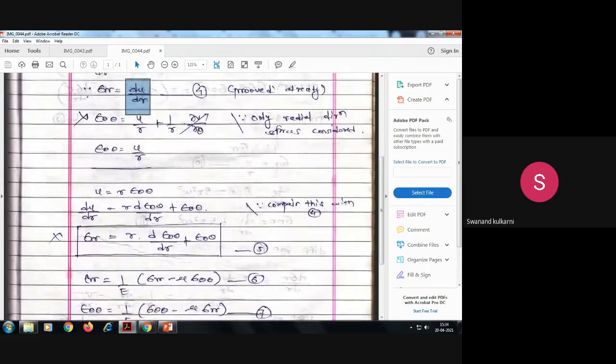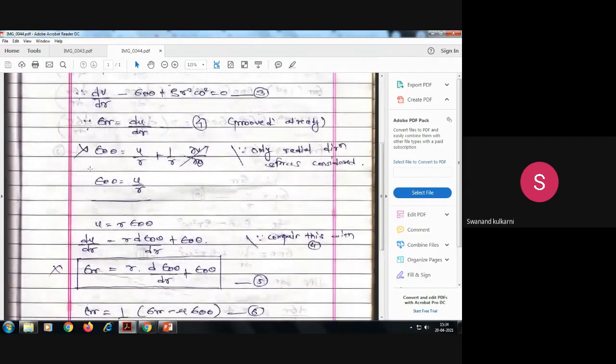Similarly, for epsilon theta theta, that is the strain in the angular direction, it is u upon r plus 1 upon r dou v by dou theta. Is it okay? Already we know how these strains are expressed. In the case of epsilon xx, it is dou u by dou x; epsilon yy, dou v by dou y; epsilon zz, dou w by dou z.